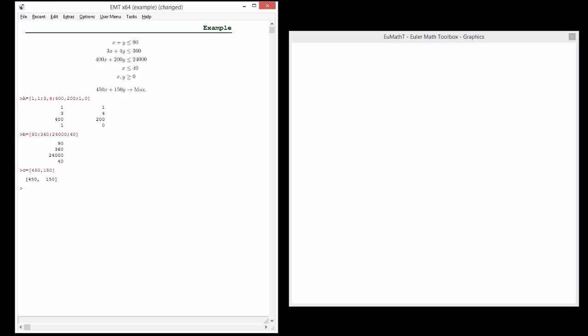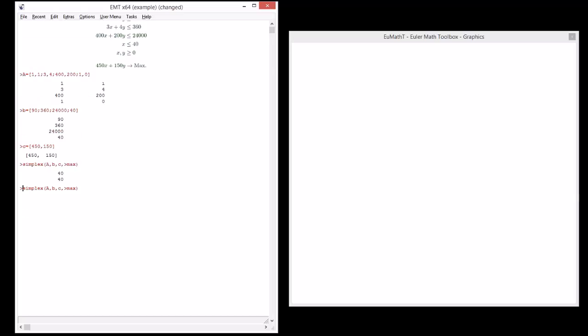It must be a row vector. Now we can start the simplex algorithm like this. And we have to tell it that it should maximize the target function. If it is to minimize the target function, the result will of course be 0.